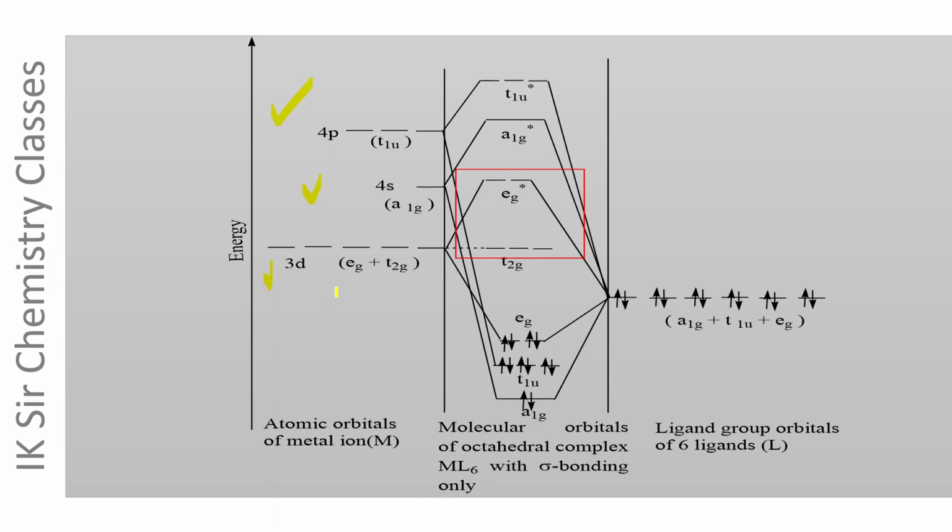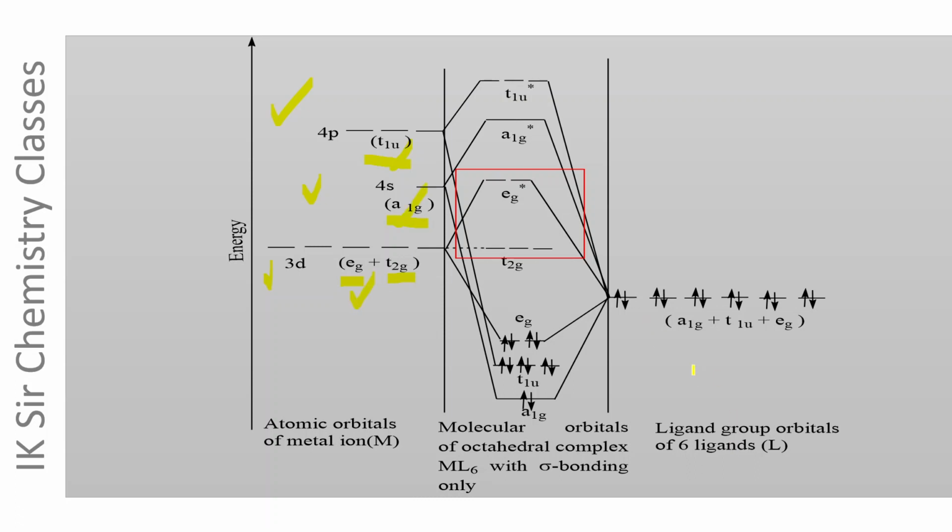D atomic orbitals of the central metal ion have symmetry Eg and T2g, while 4s has symmetry A1g and 4p has symmetry T1u. Out of these 9 orbitals, the atomic orbitals which are suitable for sigma bonding are T1u, A1g, and Eg.